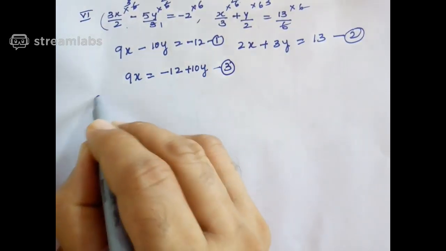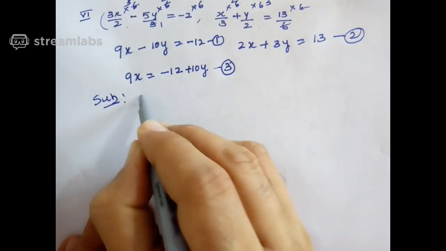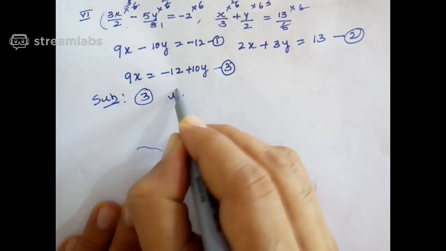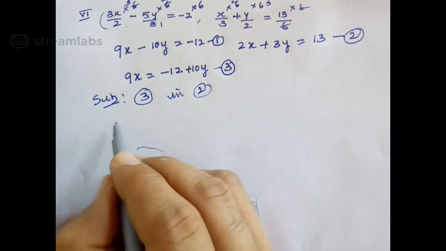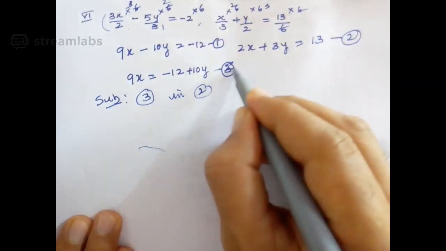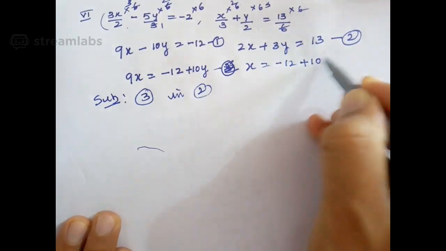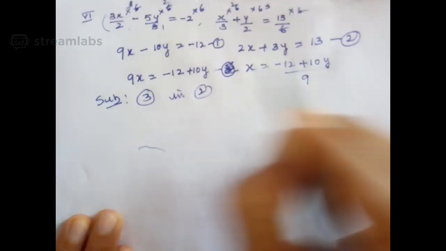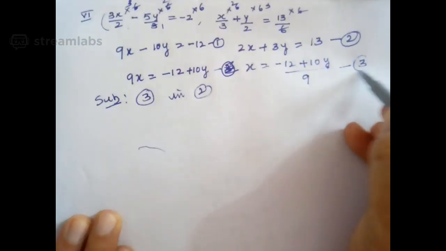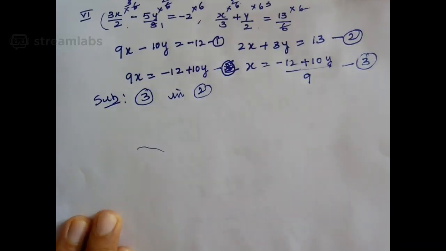Now substitute equation number 3 in 2. Sorry, x is equal to minus 12 plus 10y by 9. 9 comes to the denominator. This is equation number 3.